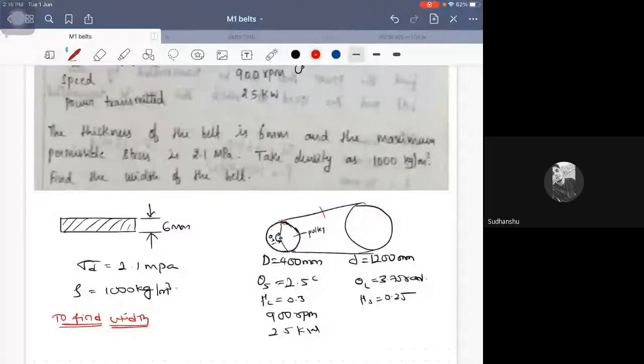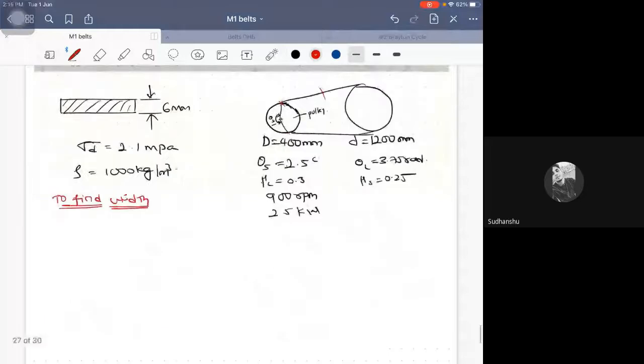So the two decisions I have to make in this particular problem. Number one, should I consider the smaller pulley for the calculation of width of the belt?